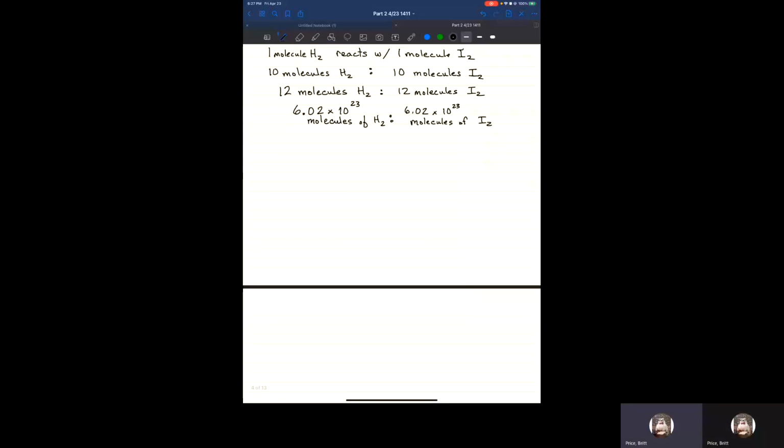So instead of writing out how many individual pieces, we could say 1 mole of H2 is related to 1 mole of I2.